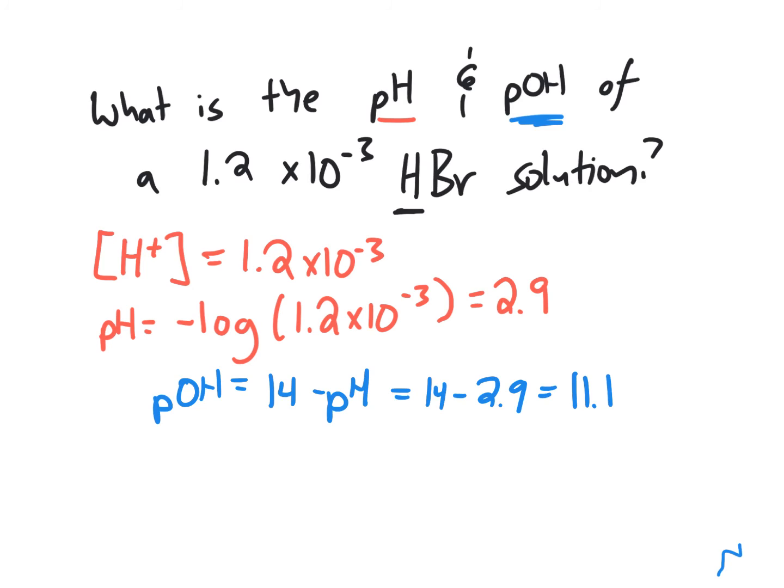It's an acid if pH is less than 7. pOH works the opposite, so don't look at pOH, just look at pH. It's less than 7.